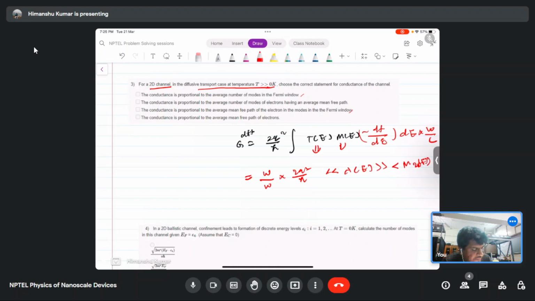So your total conductance will be proportional to the mean free path and the average number of modes.